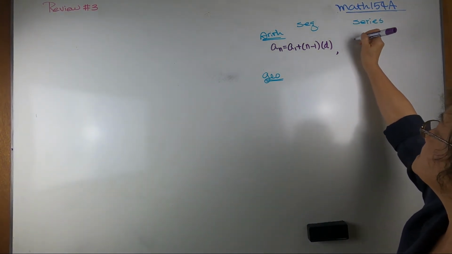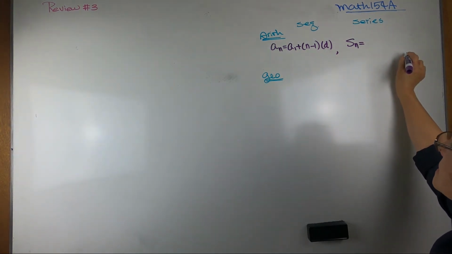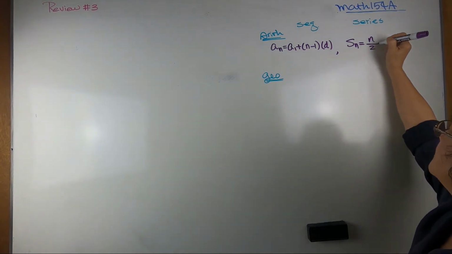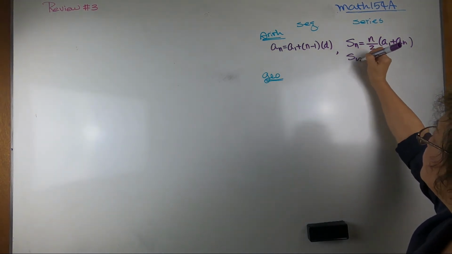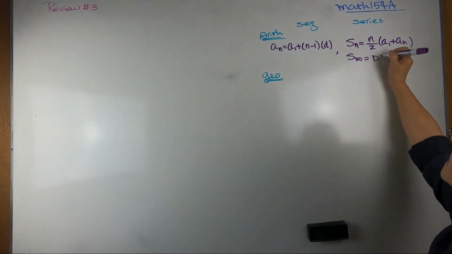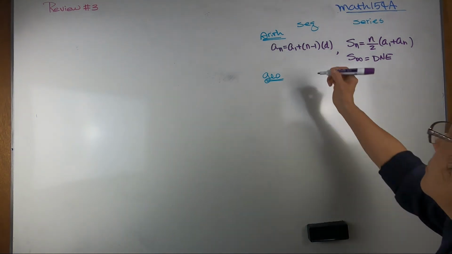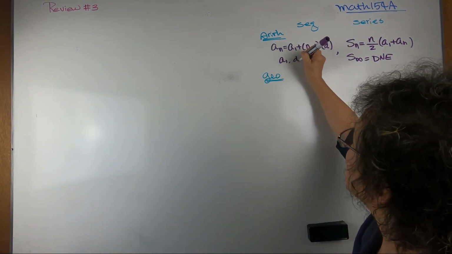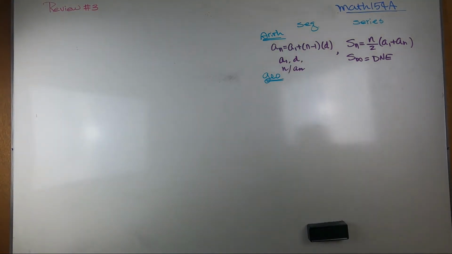Then for the series, the sum, adding all the 1st through nth terms, what do we need? It's n divided by 2, times (a_1 plus a_n), right? Then for arithmetic sequences, S infinity doesn't exist, right? So to deal with this, we need a_1, we need d, we need n, and a_n, right?